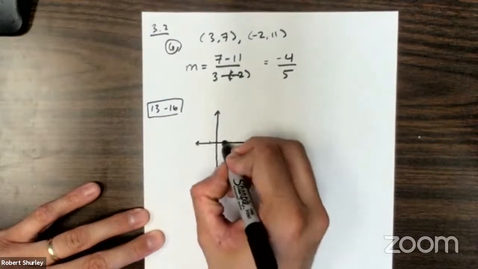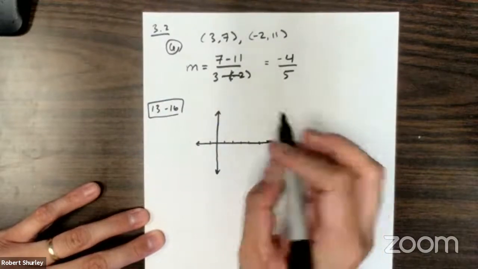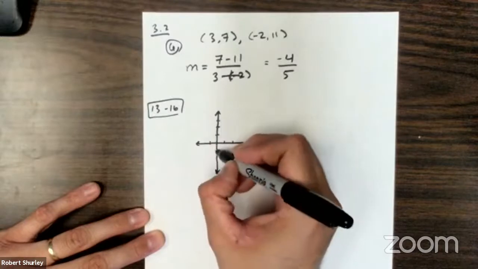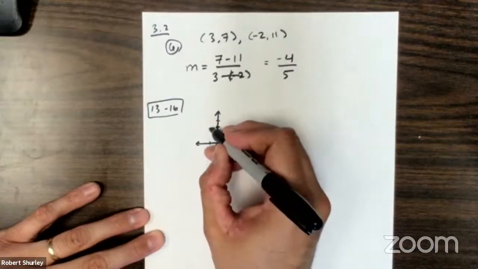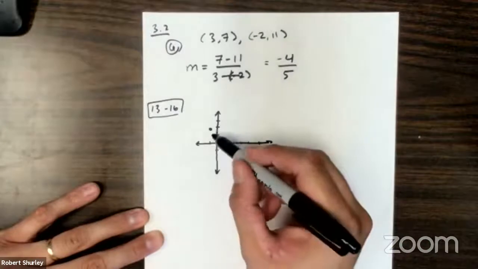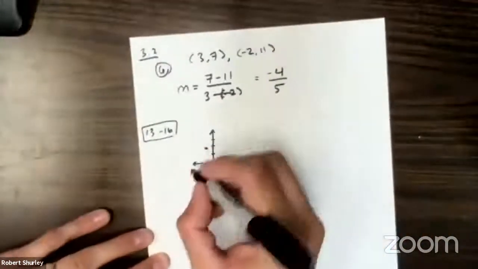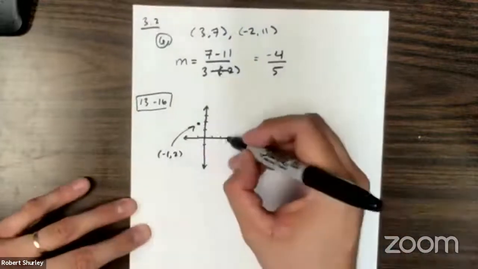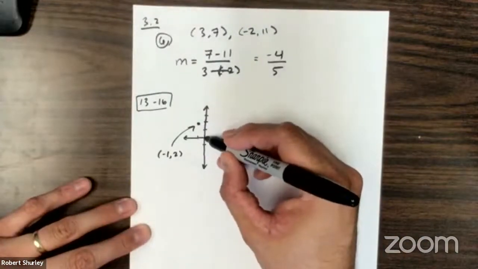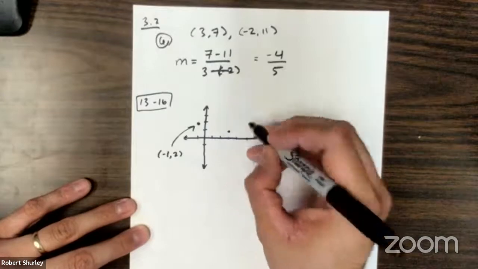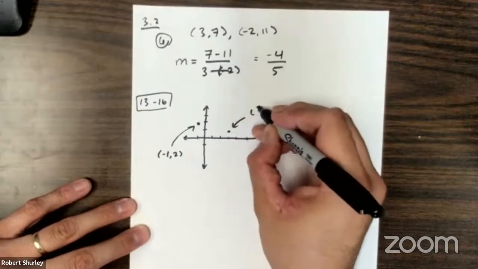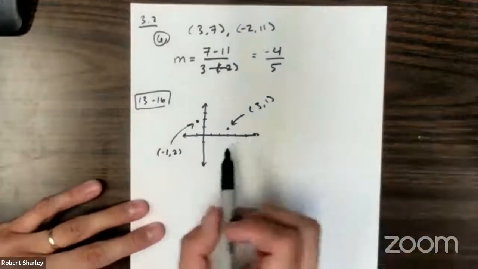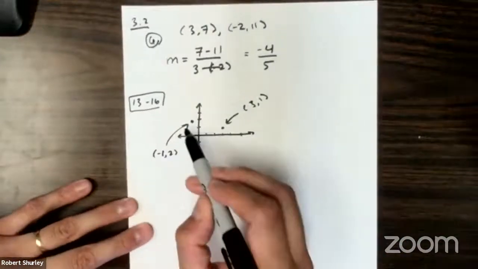I think we did this one a few days ago. So let's say I've got a line and it goes through -1, 2. And it also goes through 3, 1.